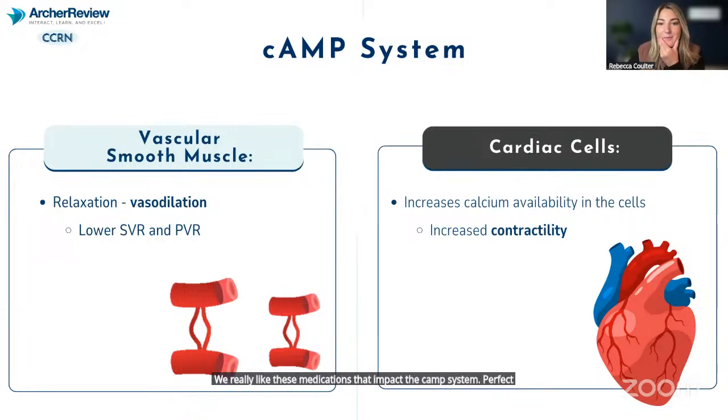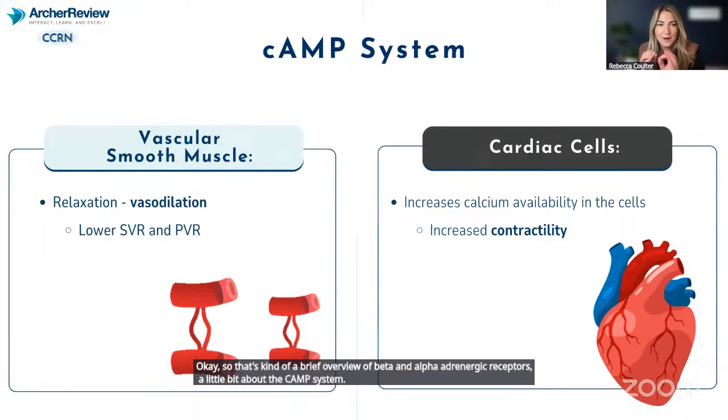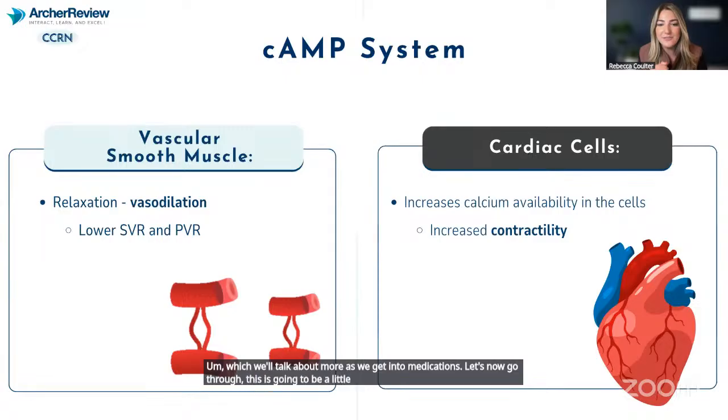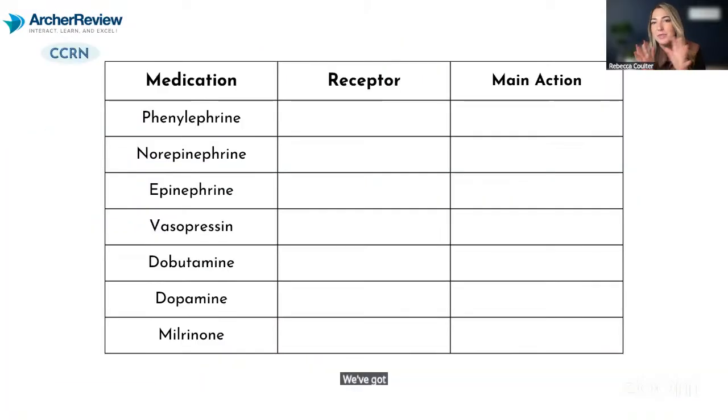Perfect. Good job. Okay, so that's a brief overview of beta and alpha adrenergic receptors, and a little bit about the cAMP system, which we'll talk about more as we get into medications. Now this is going to be a little bit more interactive. We've got this chart here with the main medications.